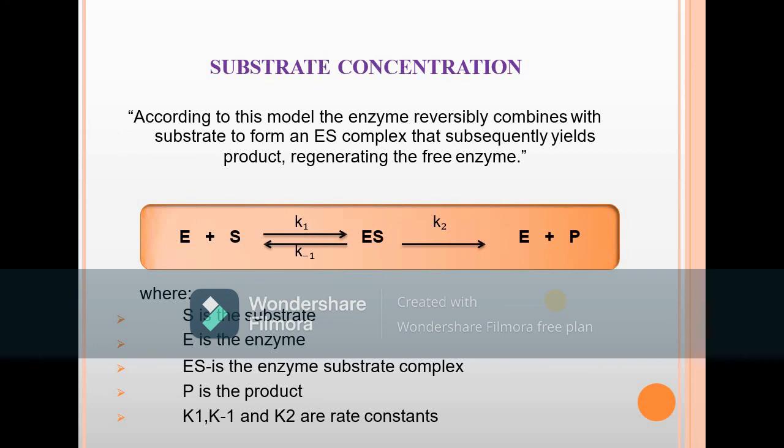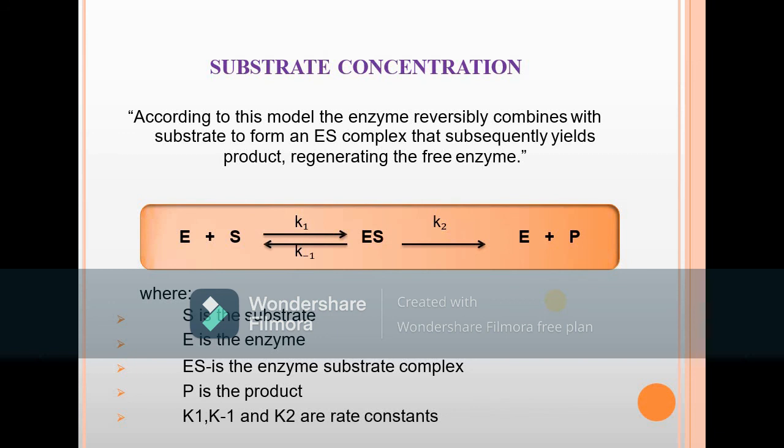Next is about the substrate concentration. If enzyme molecules are available in the reaction, an increase in substrate concentration obviously increases the rate of reaction. But if concentration of enzyme is kept constant and amount of substrate is increased, then a point is reached where any further increase in the substrate does not increase the rate of reaction.